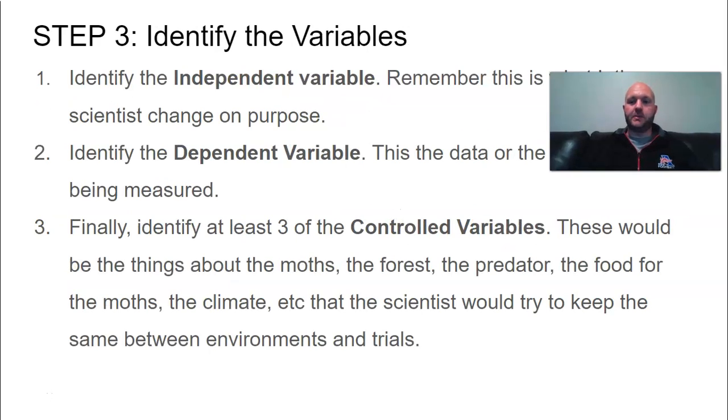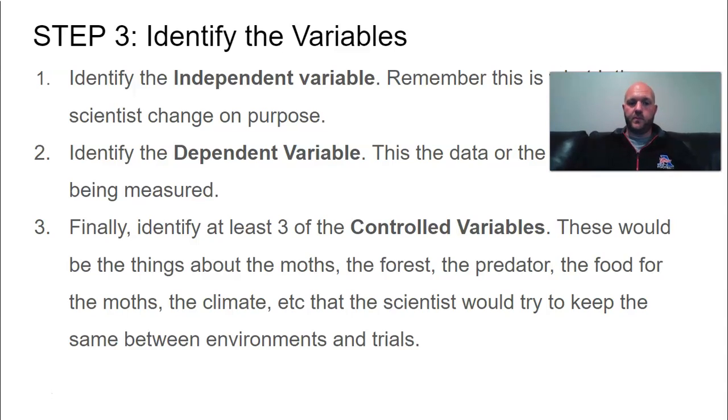Then follow the instructions, go through, click on the bird's eye view, and come up with an independent and dependent variable. Remember, the independent variable is what is different each time the experiment is done. You're doing 2 different versions of the experiment, 3 trials of each. The dependent variable is what you are actually measuring.